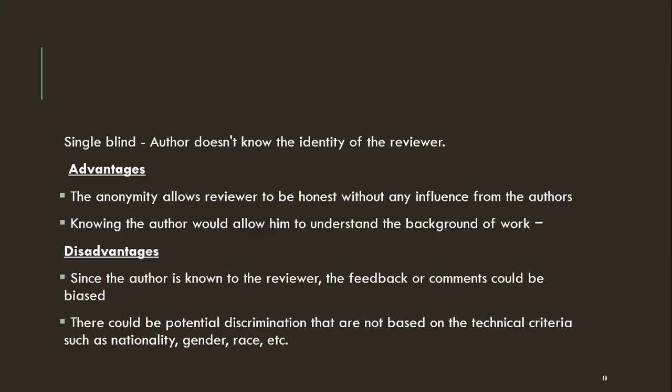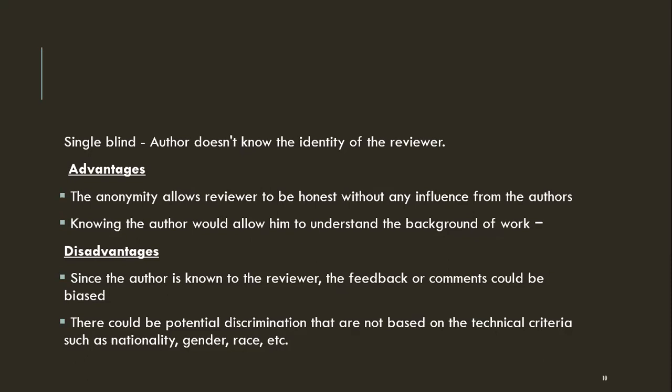Single blind method. The author does not know the identity of the reviewer in this method. You are just referred to a reviewer who is unknown to you. You don't know the person who is reviewing your article, and you get reviews accordingly.